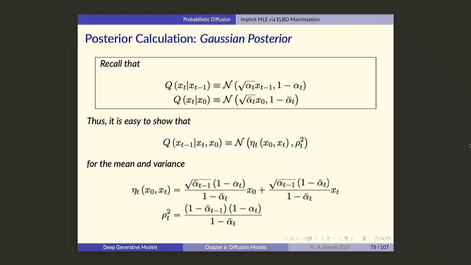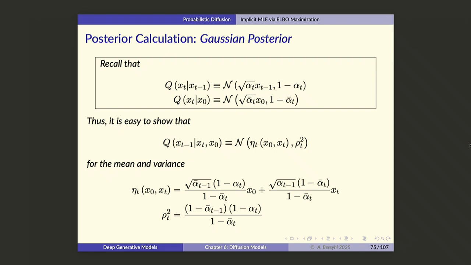The mean value is a function of x0 and xt, both of them. Okay? So this is the mean value. As you can see here, this expression is just a coefficient. This is, again, a coefficient. Oops, there is a typo here. So this should be t minus 1, this is t.